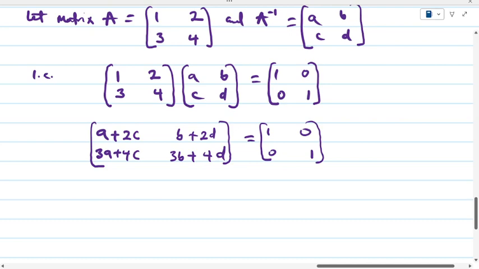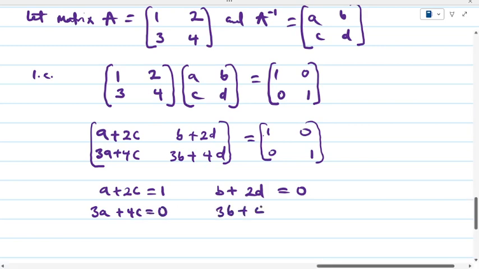So you can write this out to get the values. Here we have a plus 2c equals 1, and b plus 2d equals 0, 3a plus 4c equals 0, and 3b plus 4d is equal to 1.